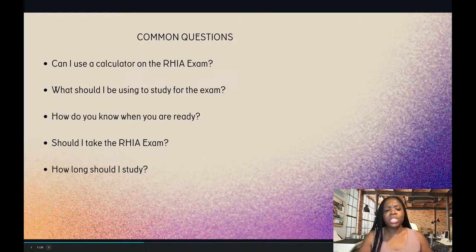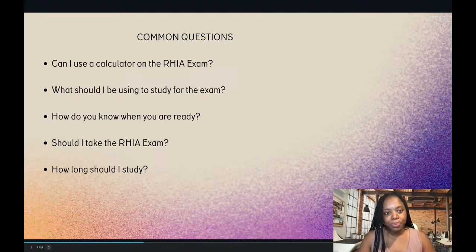Case mix is definitely one where you will find yourself needing a calculator. If you don't know how to calculate a case mix index problem, I do have a YouTube video on my channel that will help you figure out how to solve that fairly quickly. But yes, you do need a calculator and they will provide that to you.